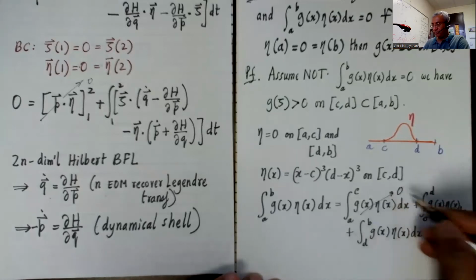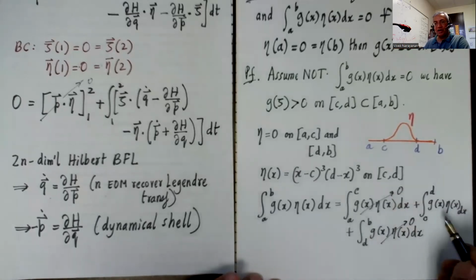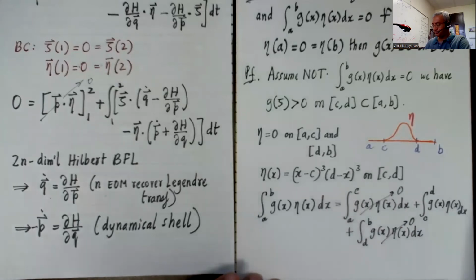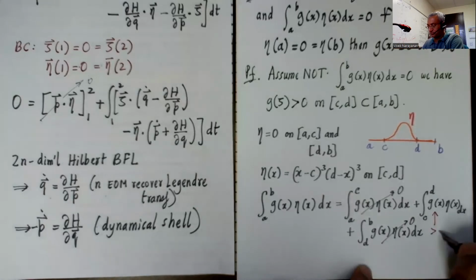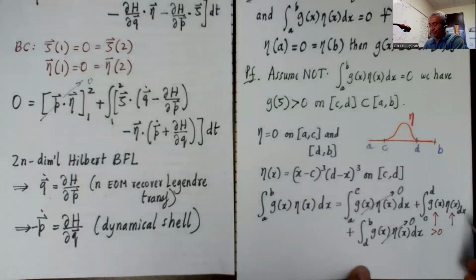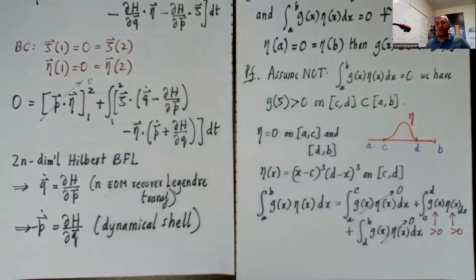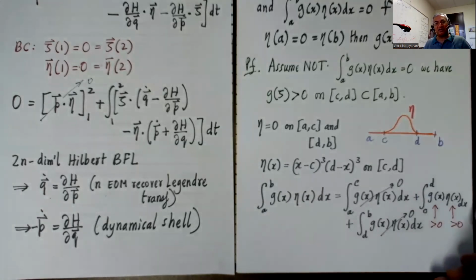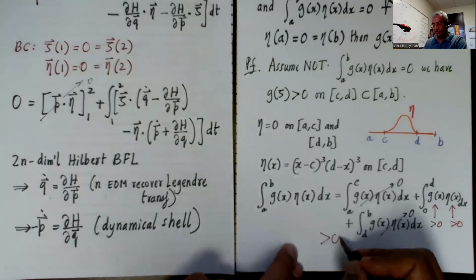Now these are 0 because eta function is 0 there. However, by definition, between C and D, g is positive. By construction, our eta is also positive in that interval. So we have an integral from C to D of a positive quantity, dx, that is positive.